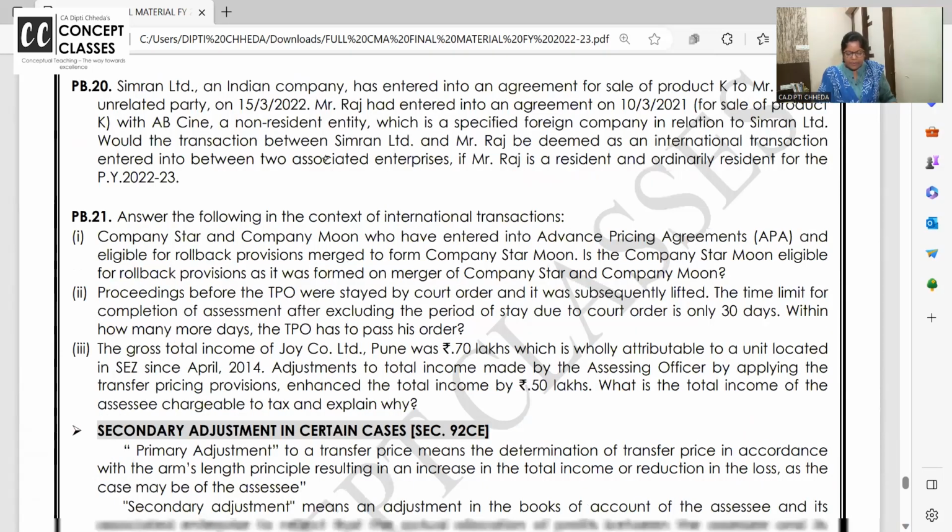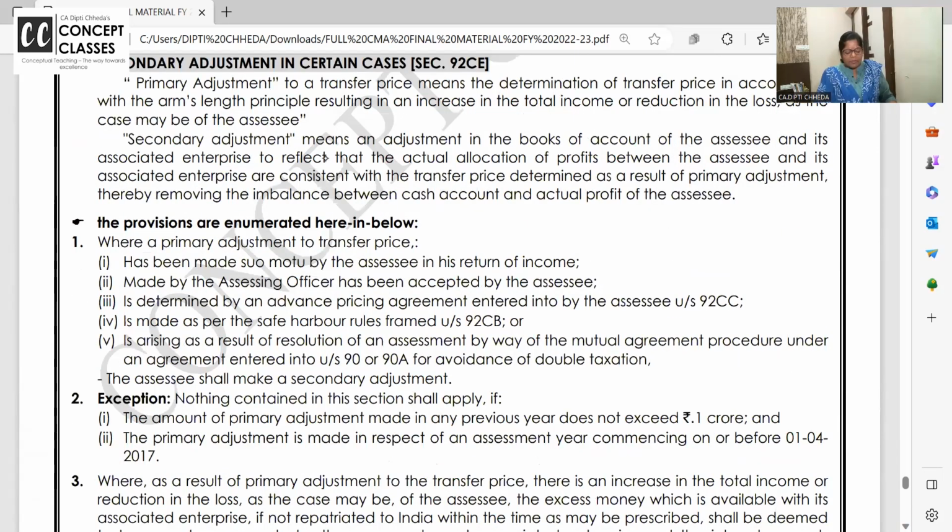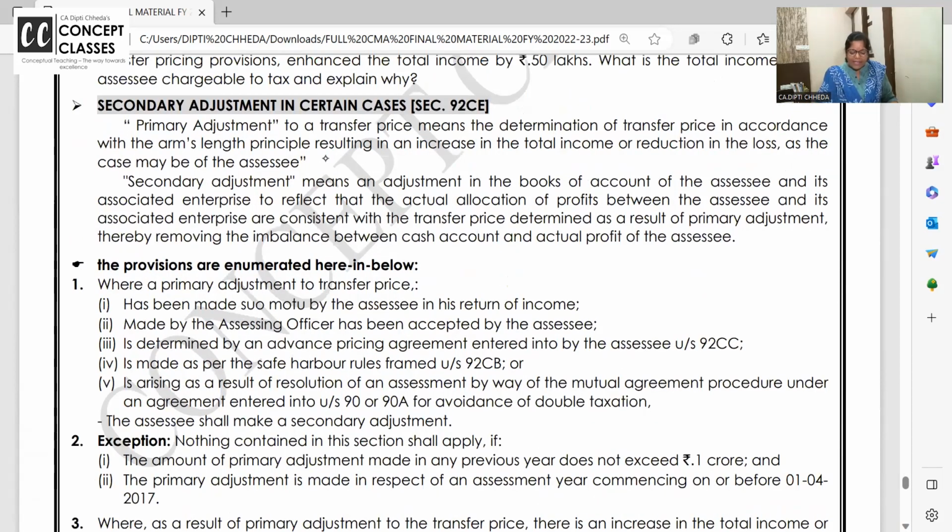Problems are also very simple. Let us go to the last part of the topic now, secondary adjustment. For that, first we should understand what is primary adjustment. Increase in the actual price due to arm's length price and increase in the total income, or reduction in the loss because of transfer pricing.